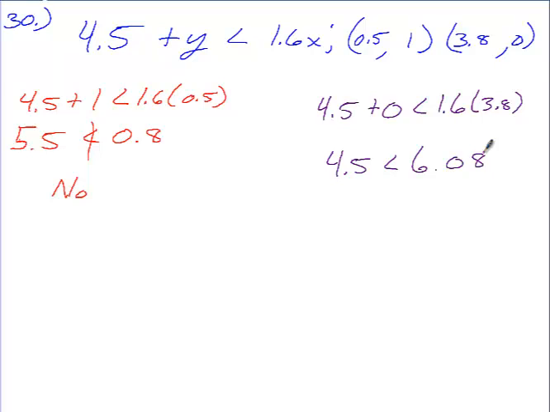Is 4.5 less than 6.08? Ta-da! Okay, so it's just like the very first section. It's just that now there's decimals and fractions. So use your calculator, and we're running the exact same test. Okay, it's just that the numbers are a little bit different looking. All right, and most of you guys see a big statement and go, ah, and scare yourself so much that you don't even remember what you're doing.